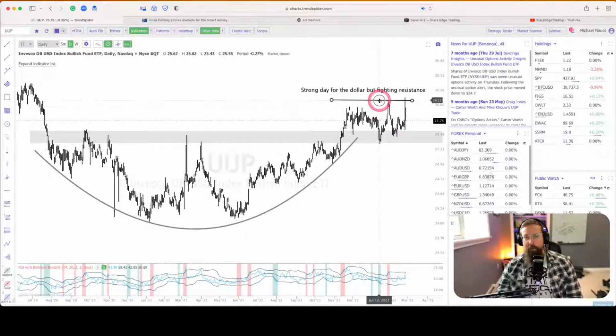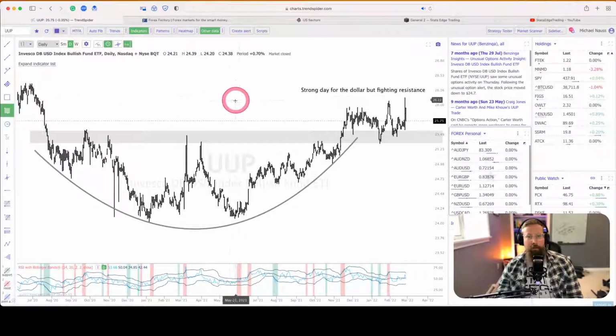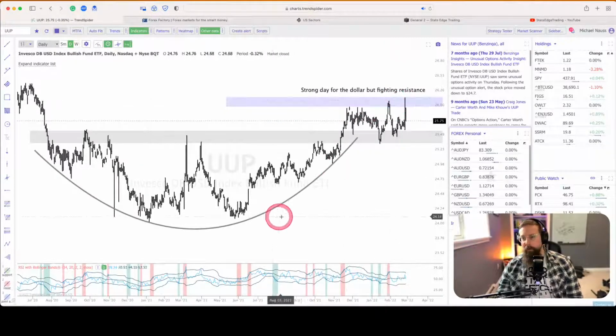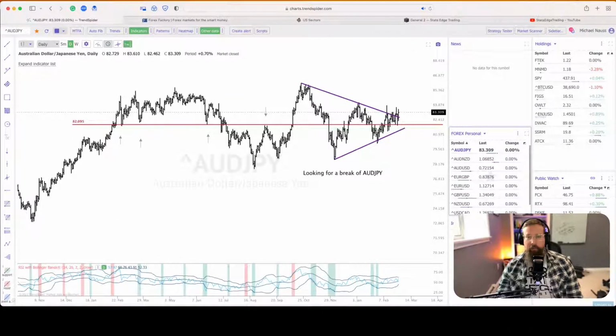Every time it breaks out of this base a little bit, I'm actually going to replace this with a zone, and we'll just call it right there. So as long as it's struggling to get out of this zone, it's like, what do you do? It's just in no man's land, which for a currency isn't that uncommon because they don't really move significantly much.